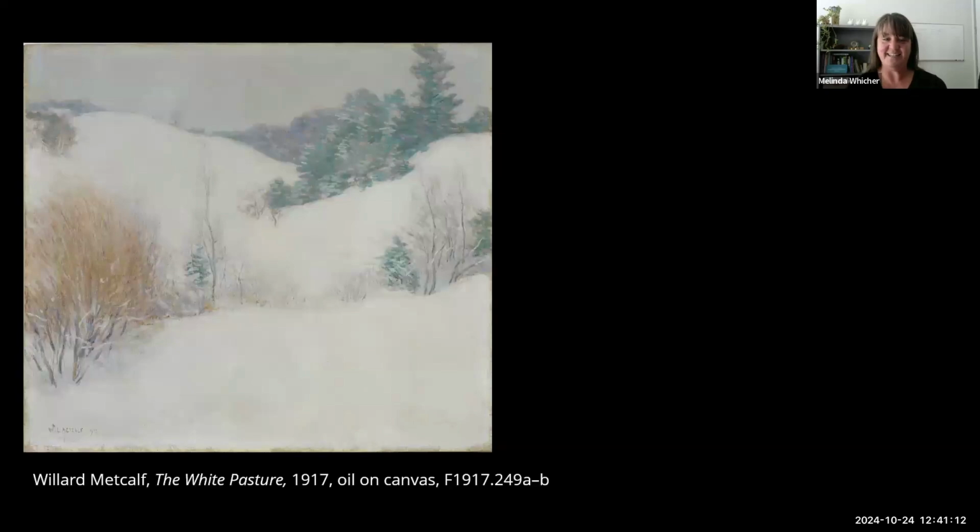This was one of the paintings, The White Pasture by Willard Metcalf, that I was assigned to do the interpretive panel for. I believe I was tapped for this project because of my horticulture background. But in my personal life, I am also a painter and I write poetry.